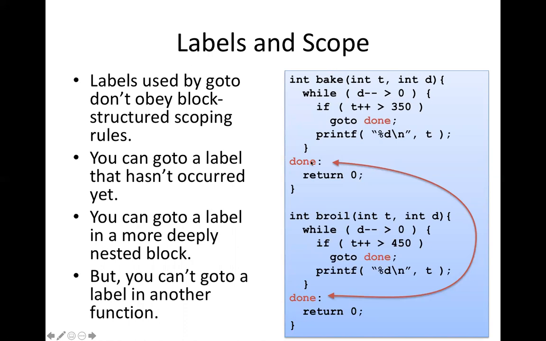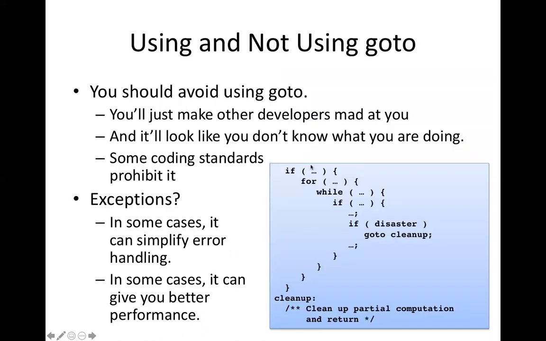This goto can use that done label. But since you can only goto around within a function, every function has its own scope for labels. So even though these two labels are called exactly the same thing, they don't clash for names. They don't have a name collision because they're only meaningful within the function where they're defined.